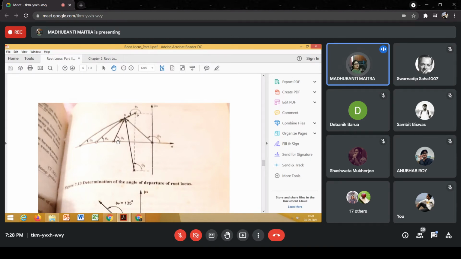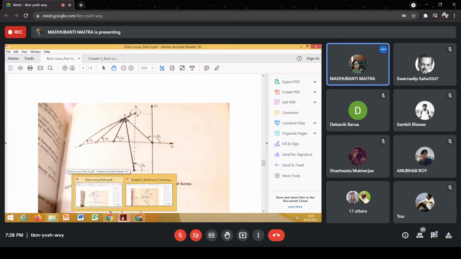Similarly, for real open loop zeros, we don't have to extensively compute the angle of arrivals, as the angle of arrival will be either 0 or 180 degree.